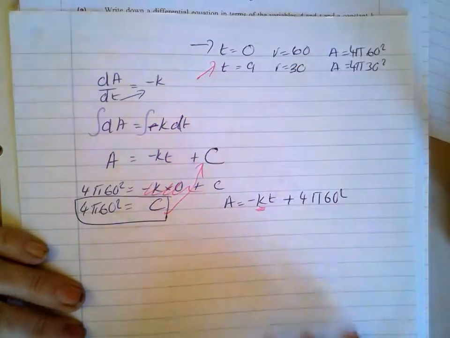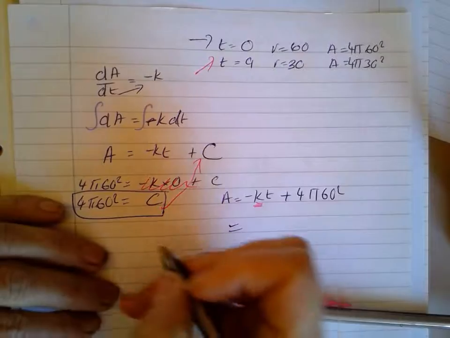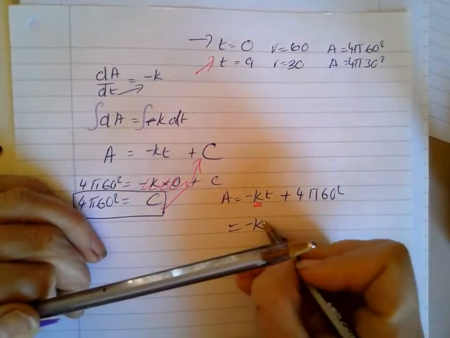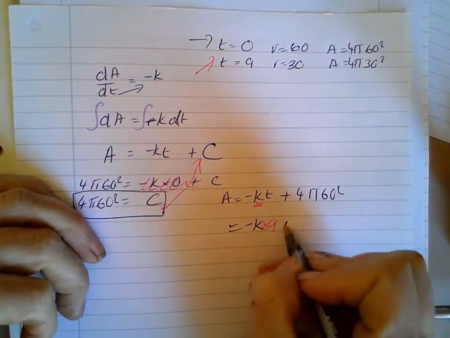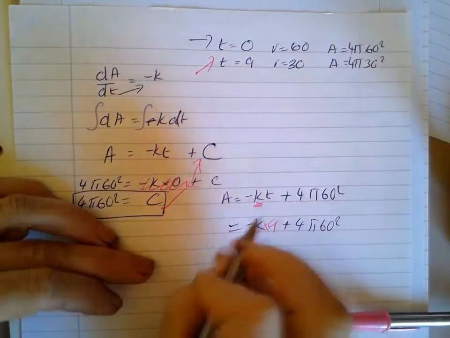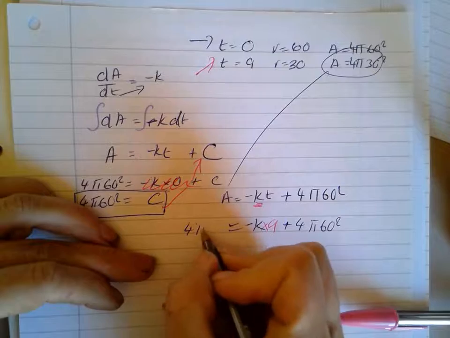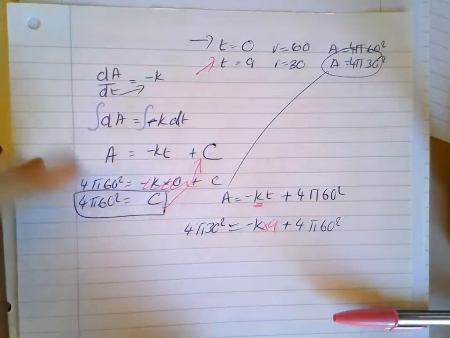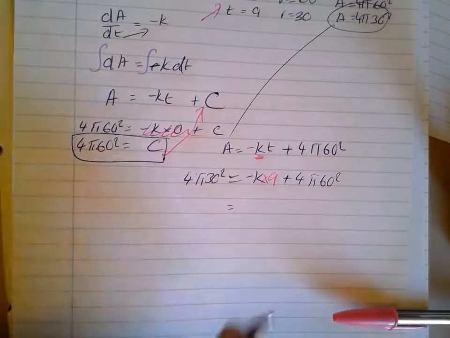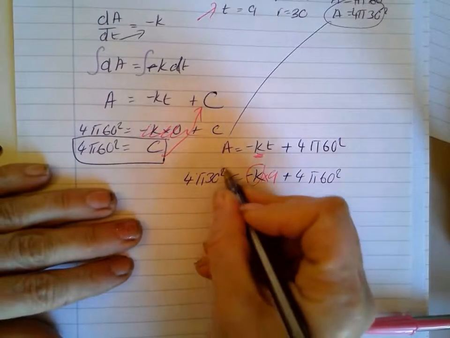When the time is 9, the area is that. Now it's just a case of rearranging to get k.